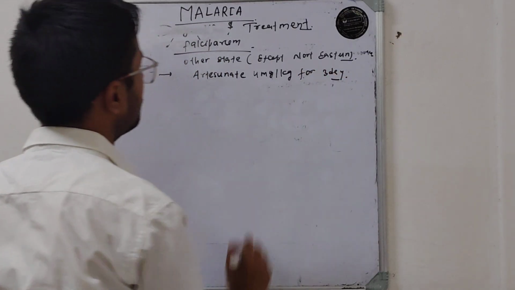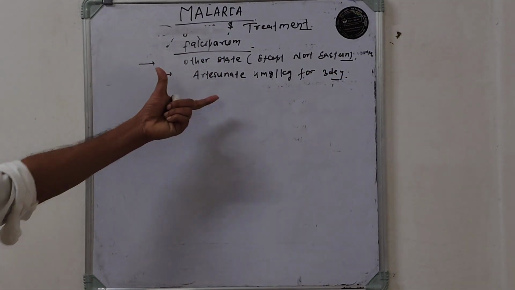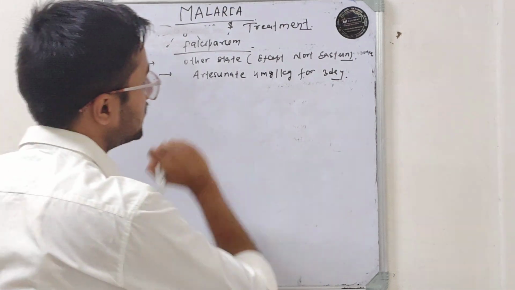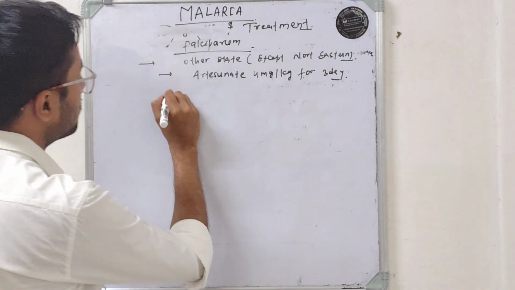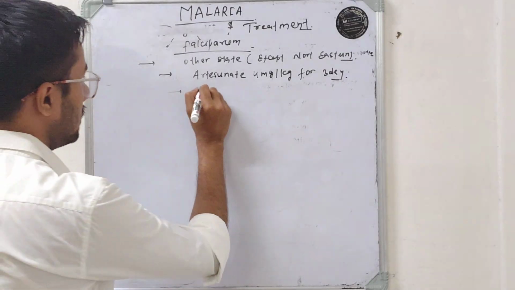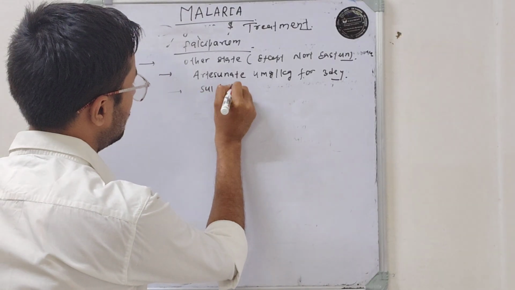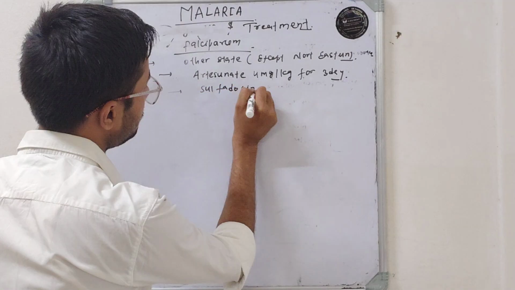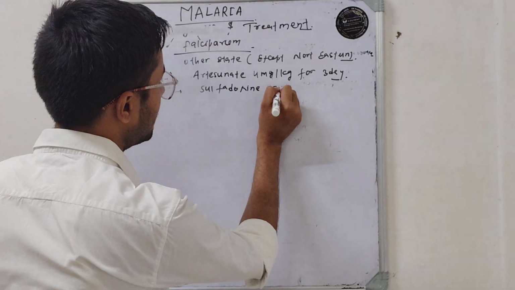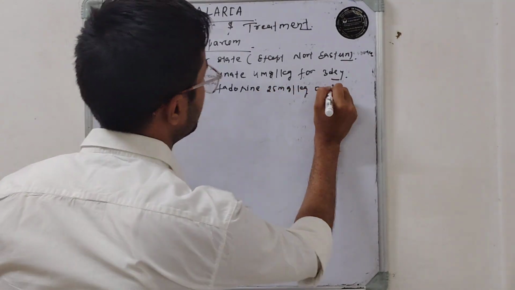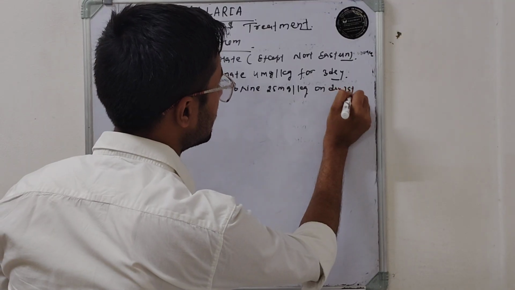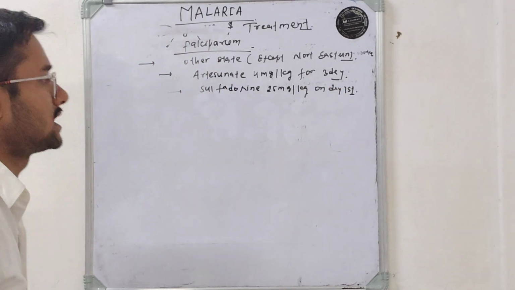Okay, so in a patient of falciparum malaria, we give artesunate at a dose of 4 milligram per kg for 3 days. Along with it we also give sulfadoxine at a dose of 25 milligram per kg on day first. This medication is given only on day first.